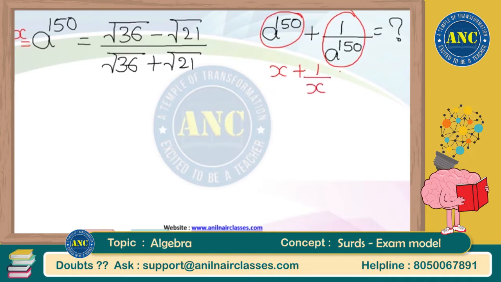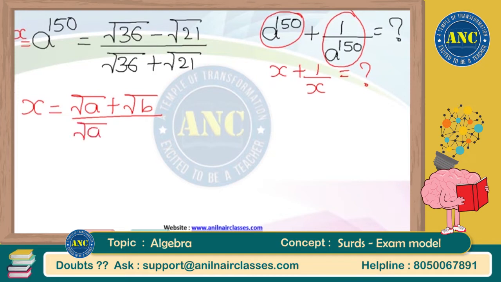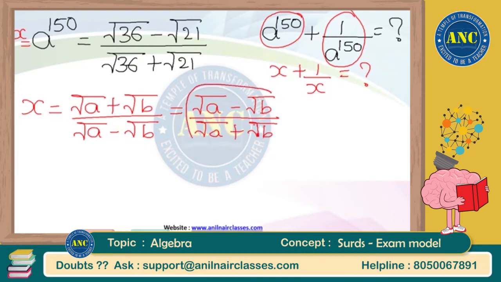Now we already know that if x is of the form root a plus root b divided by root a minus root b, in fact this is not the only notation for x, let it be the reverse. That means the numerator can be the difference: root a minus root b divided by root a plus root b.